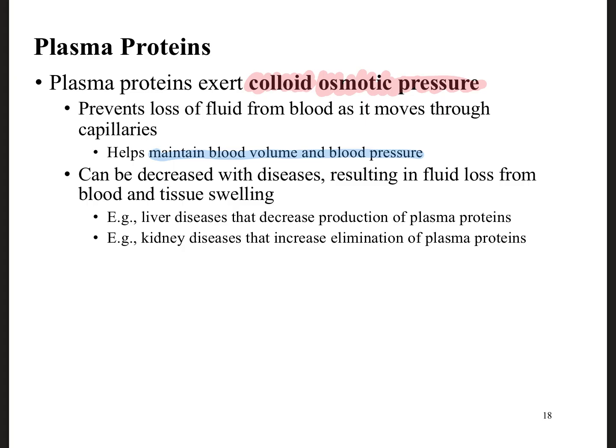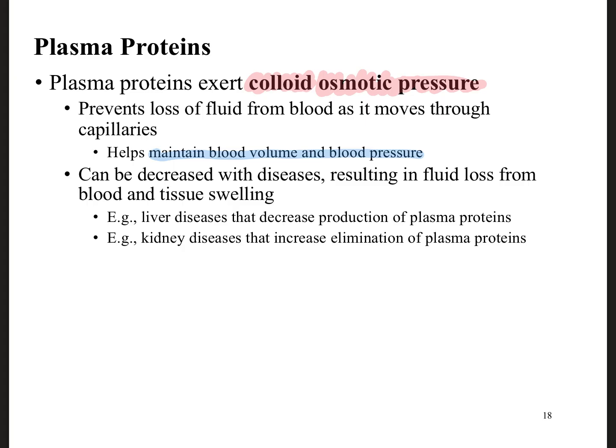If we lost it to the tissues, we would have to consistently consume fluid, okay? And this could be increased and altered in different diseases, resulting in fluid loss from the blood and tissue swelling, right? Liver diseases that decrease the production of plasma proteins, like cirrhosis and hepatitis, can alter the formation of the albumins. If you don't produce enough albumins, guess what?